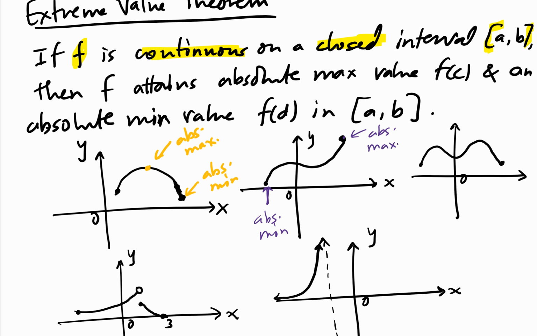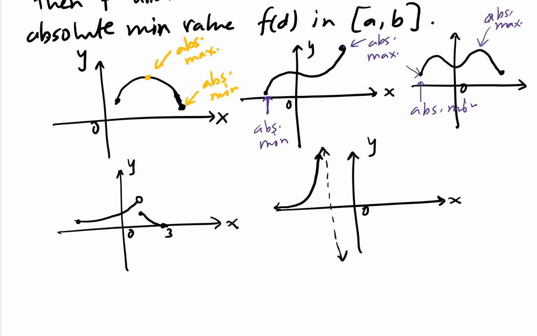Next one is continuous. You can also find maybe this is the absolute min, this is the absolute max. Next one. What do you think about the next one?